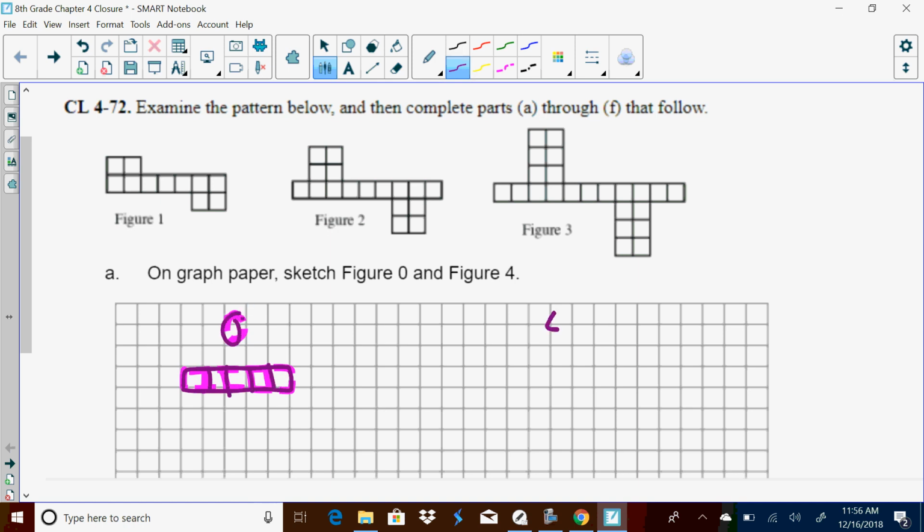And then figure 4 was 1, 2, 3, 4, 5. So it was 13 tiles going across.